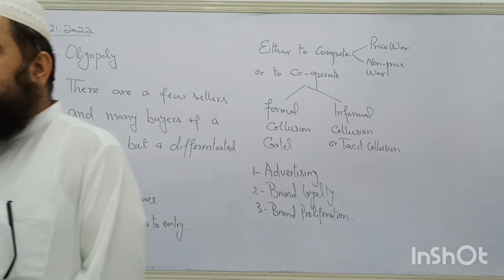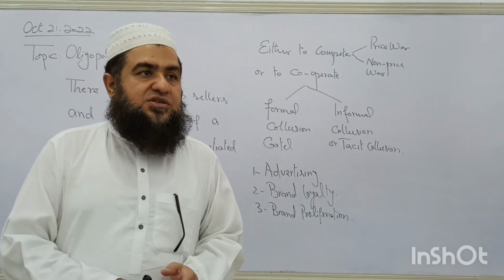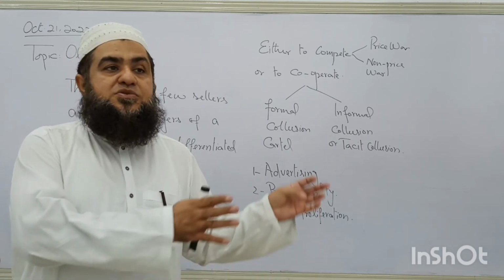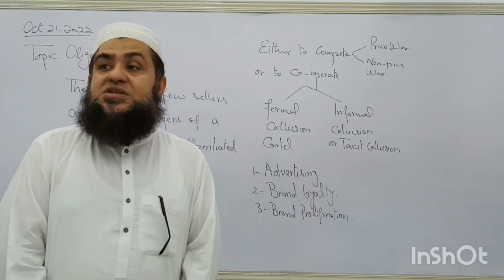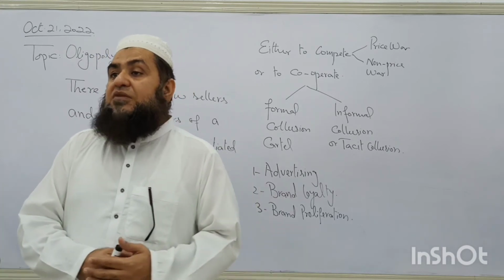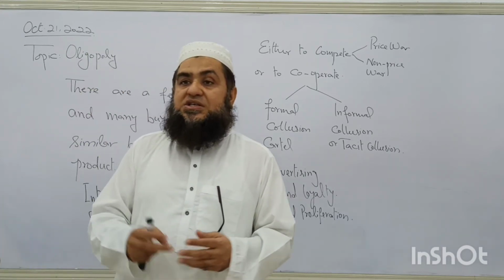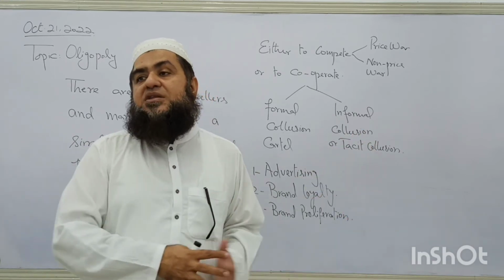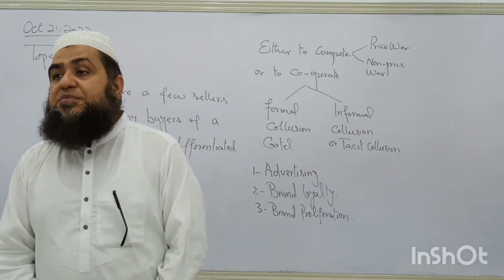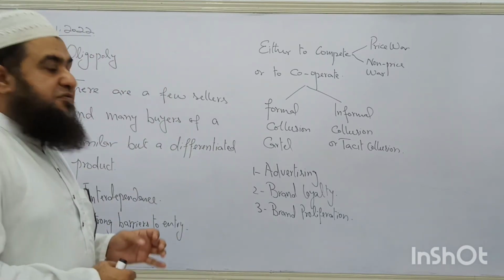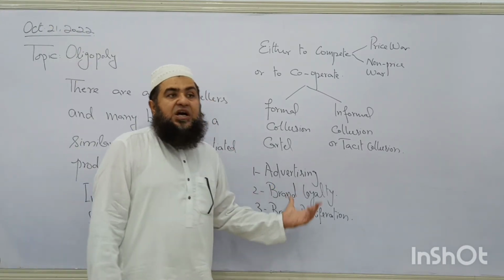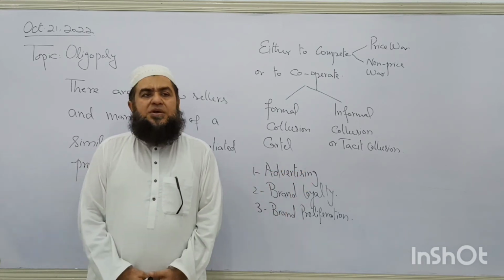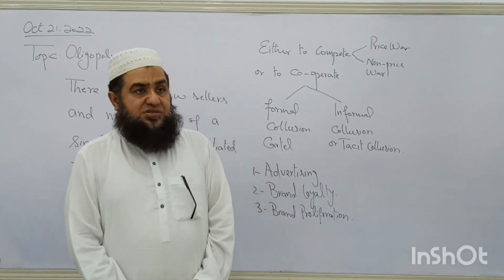Follow my point? They are producing Lux soap, but at the same time they are also producing medicated soap items. Because there was a gap that if someone is not using Lux as a beauty soap, he wants to have another medicated soap, so they are also supplying that so no other firm should supply it. So brand proliferation means each single oligopolistic firm is producing many branded items, and it covers the market niches.